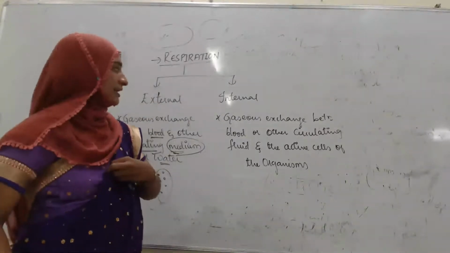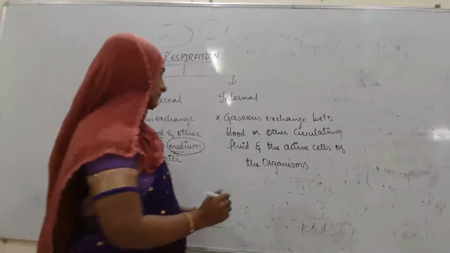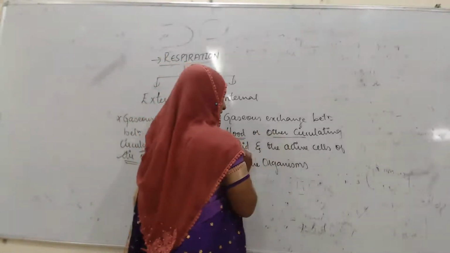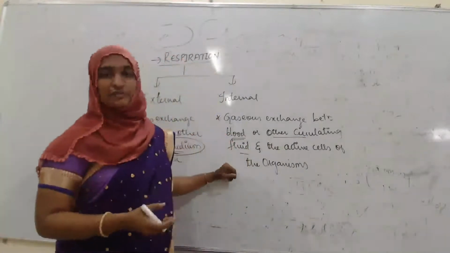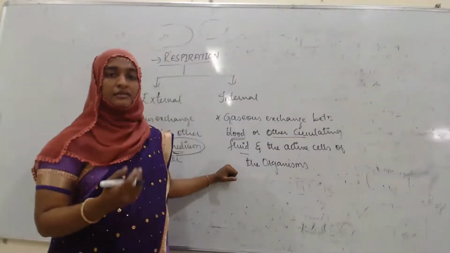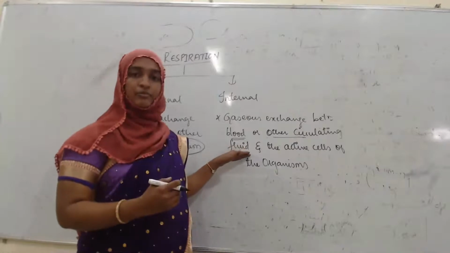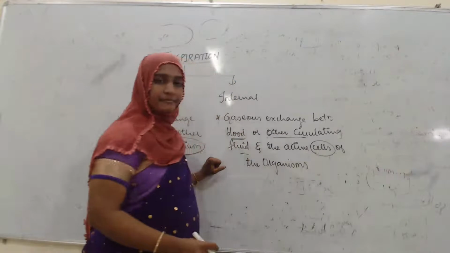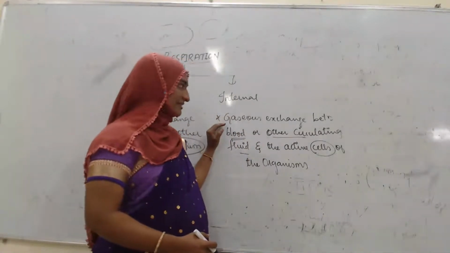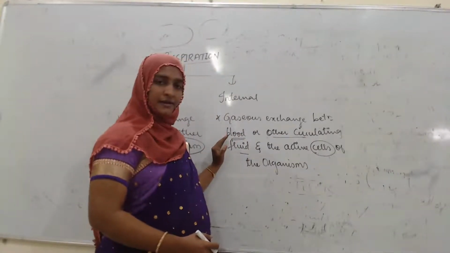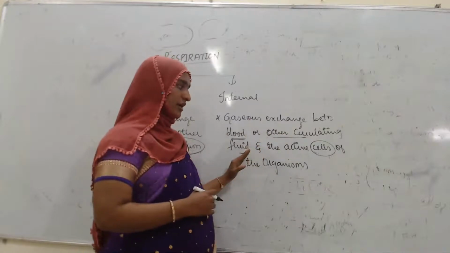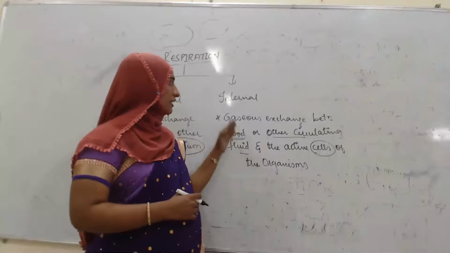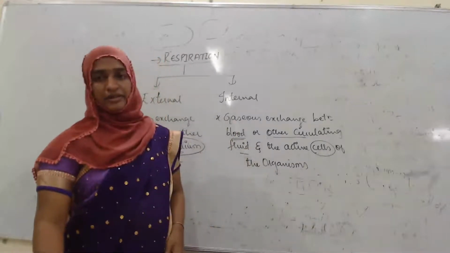But in internal respiration, it is the gases exchange between the blood and other circulating fluid, such as lymph and plasma, and the active cells of the organism. That we can call the internal respiration.